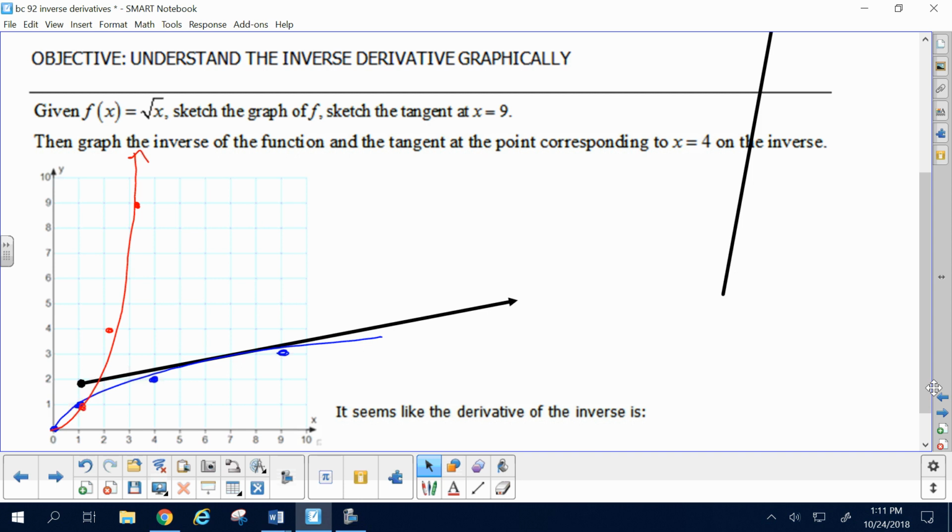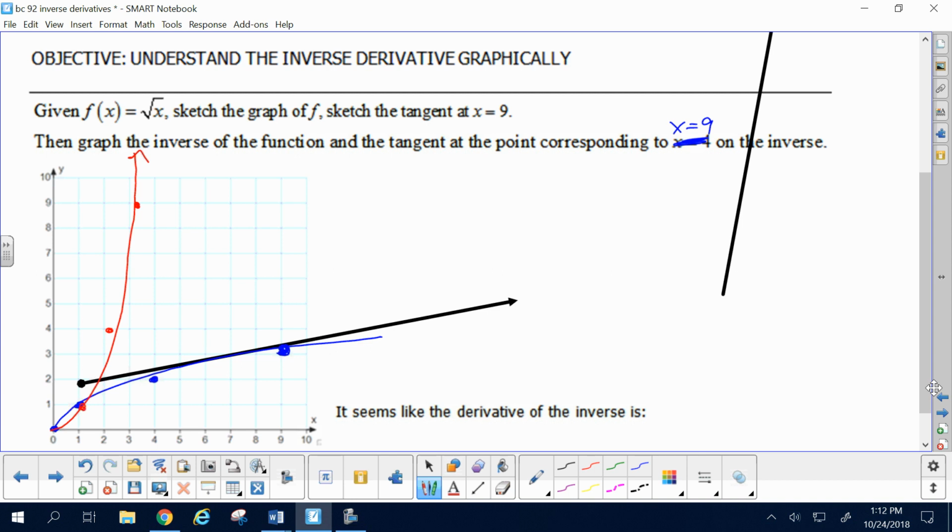Now this has a mistake in it. Sorry. I said graph the inverse of the function and the tangent to the point corresponding to x equals 4. That's done. To this point x equals 9. What point would correspond to x equal 9 on the original? Yeah, x equal 3 on the inverse. Do you agree? An x of 9 on the original would go with a y of 9 on the inverse.